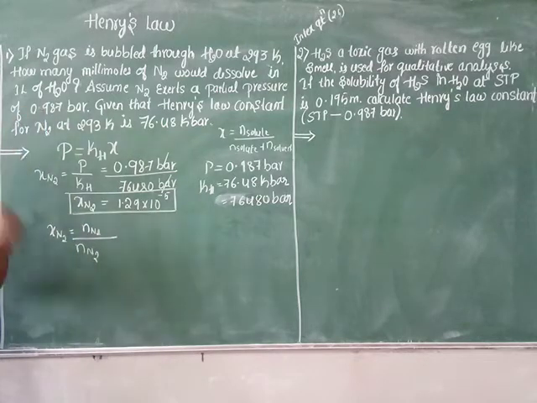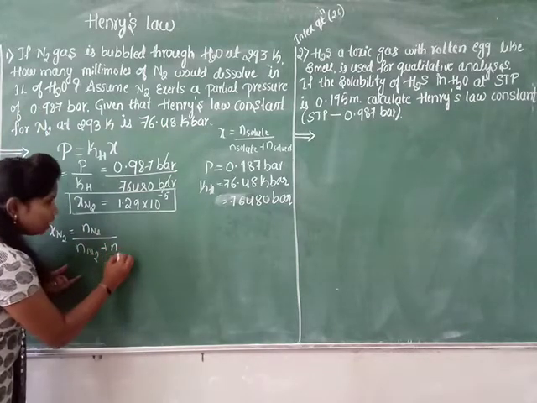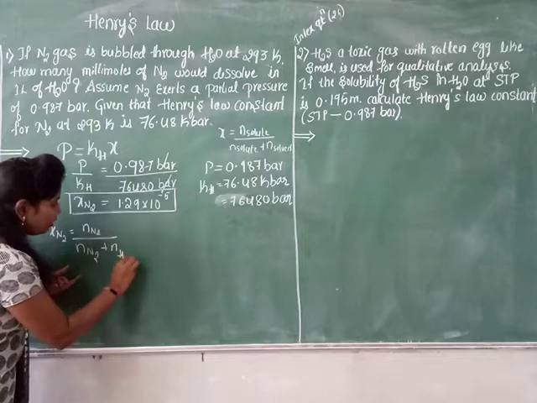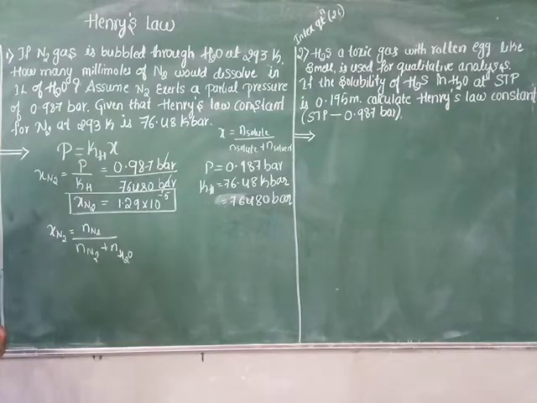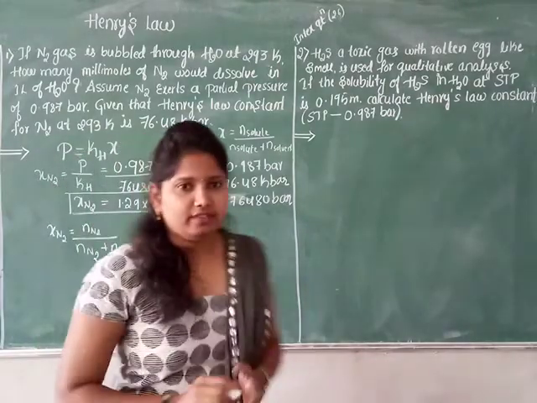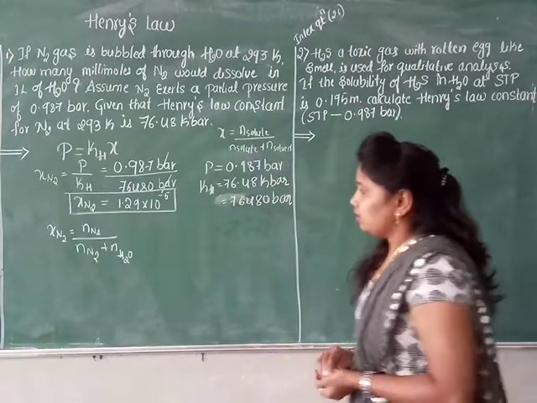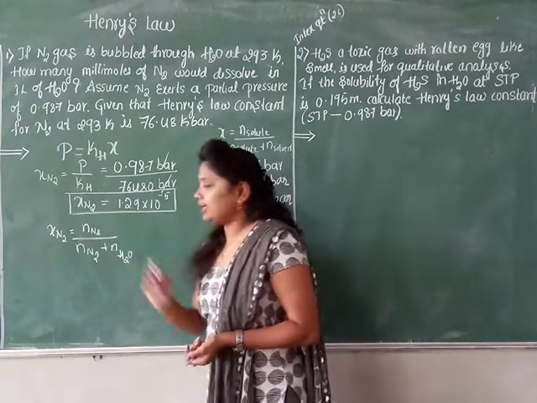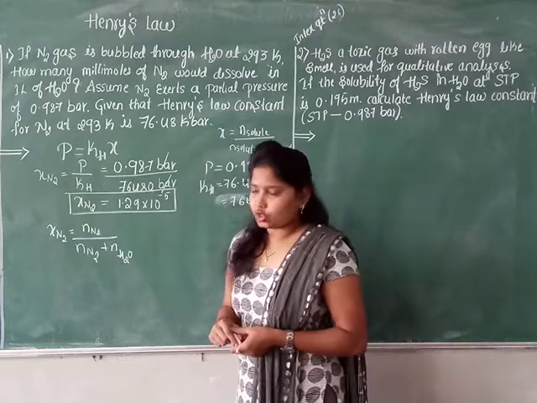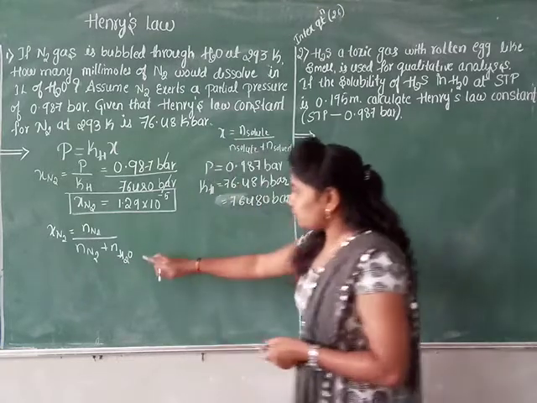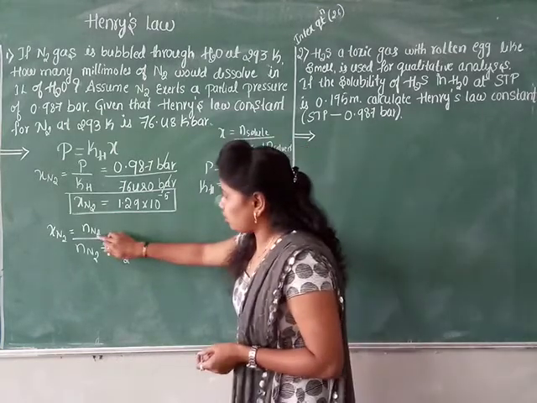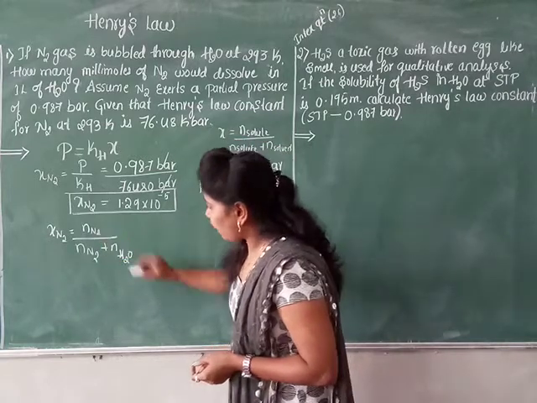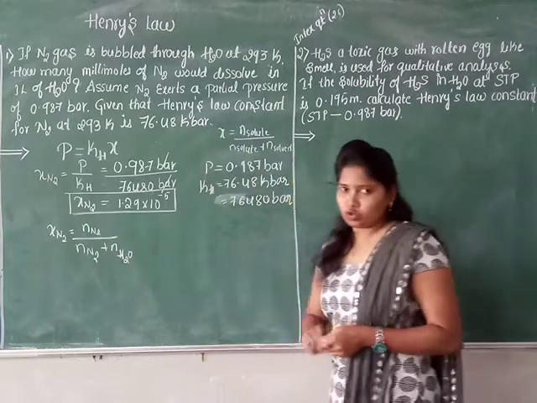Here the solvent is water, that is nH2O. We know the value of xN2, and we have to calculate the number of moles of nitrogen gas. Now we need to calculate the number of moles of water.